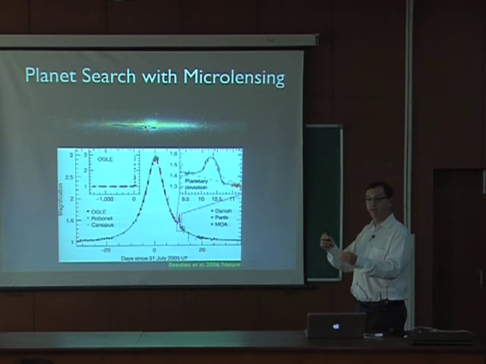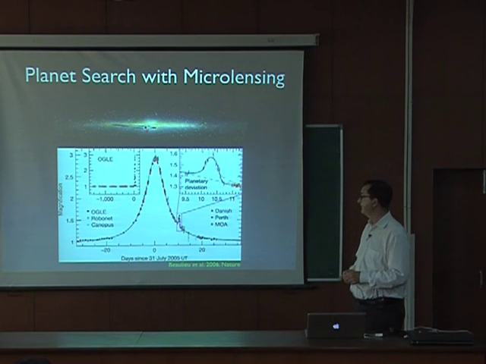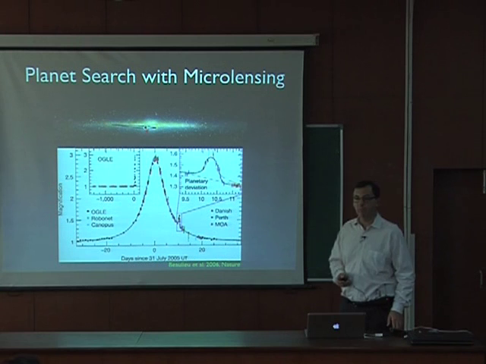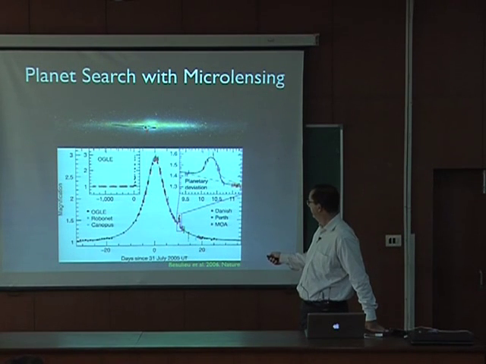You can also do binary stars. So if the two stars are orbiting around each other, then you get a more complicated light curve. You can also characterize the binary system like this. So do they also contribute in lensing, no? The planets. Planets. Yes, that's right. That's what's causing this little blip here.